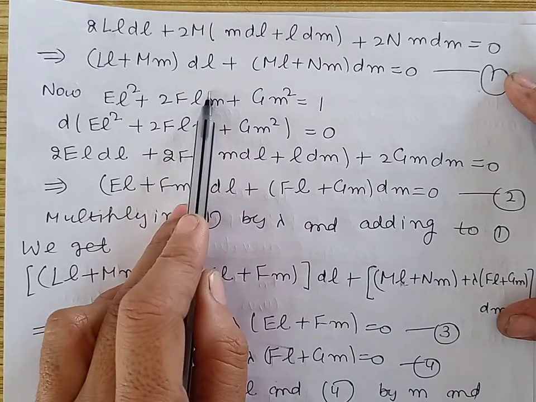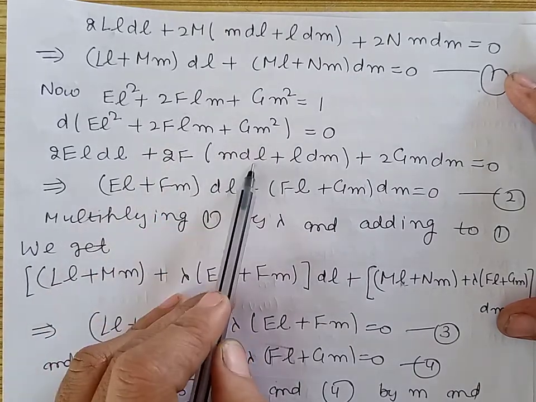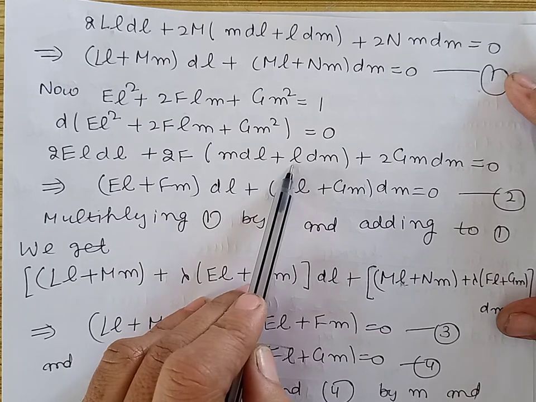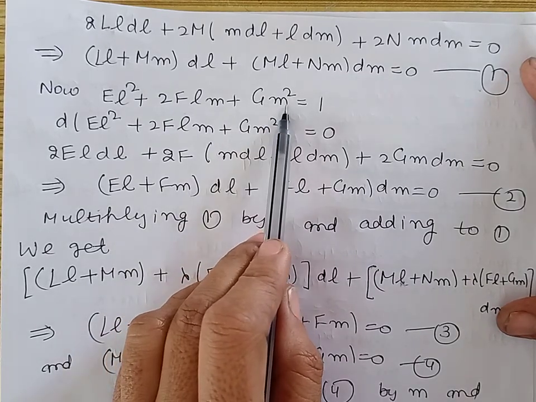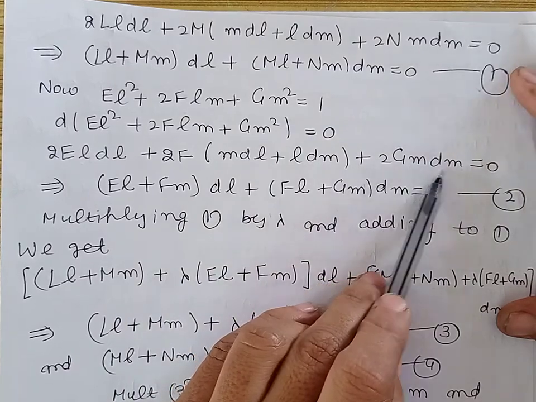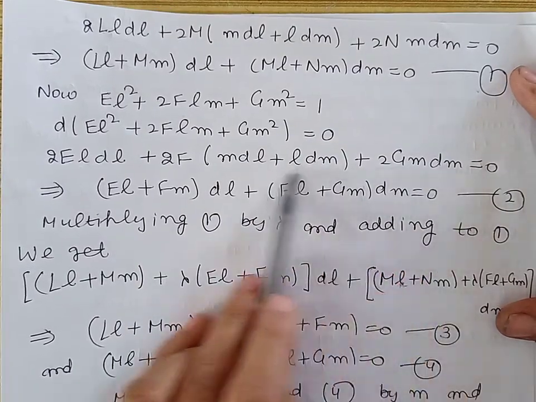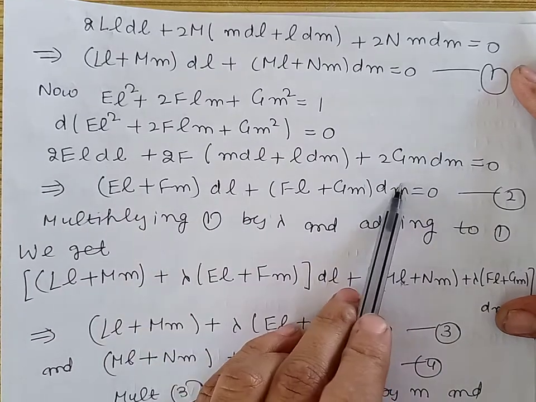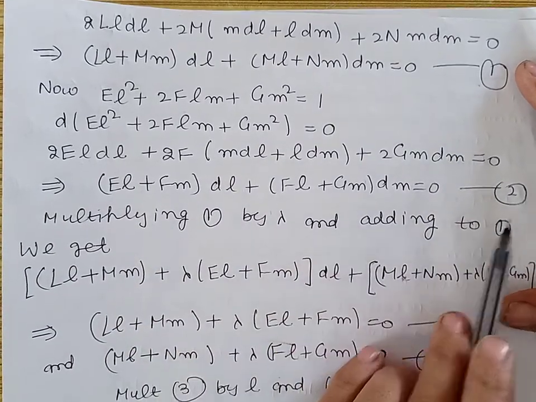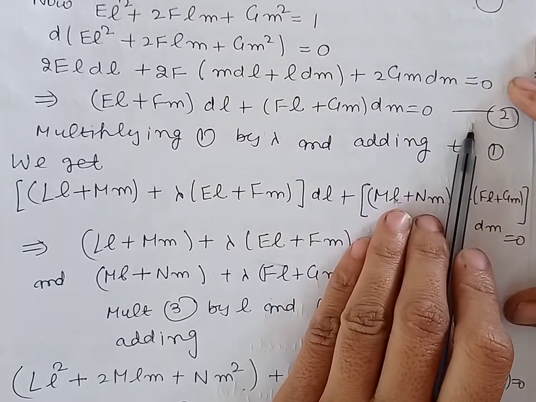Here by using the product rule, m as it is, derivative of l is dl, plus l as it is, derivative of m is dm. Here G as it is, derivative of m square will be 2m dm is equal to 0. Dividing throughout by 2 and combining the terms with dl and dm, we get the equation. Let us consider this equation as equation number 2.